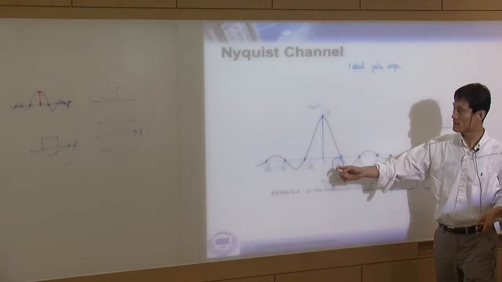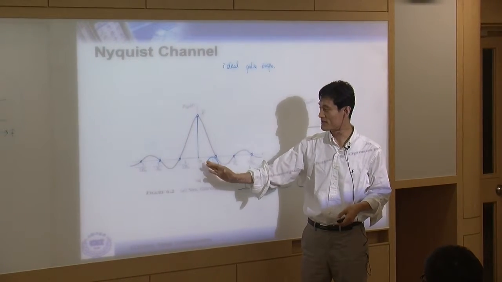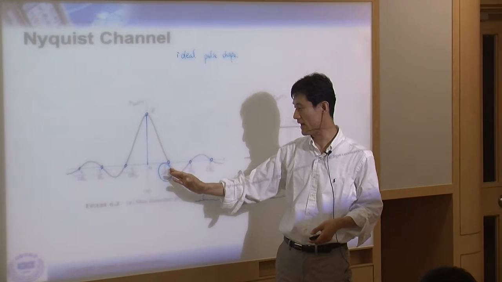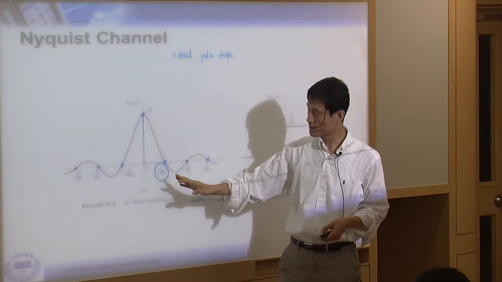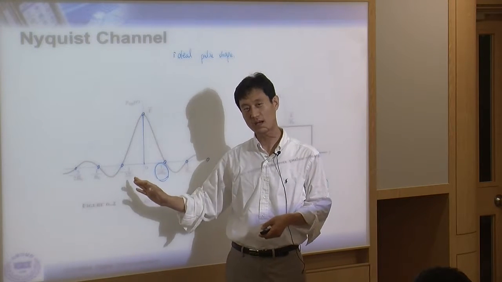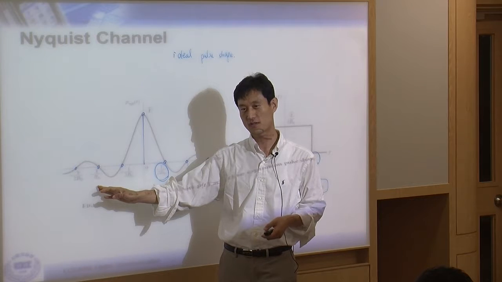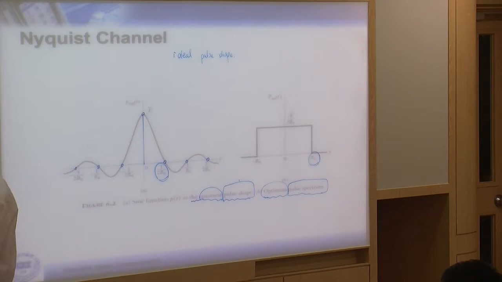Look at the time domain pulse shape. We do sampling every 1/2 B0 time, but we also need to sample at negative time. What does negative time mean in impulse response?